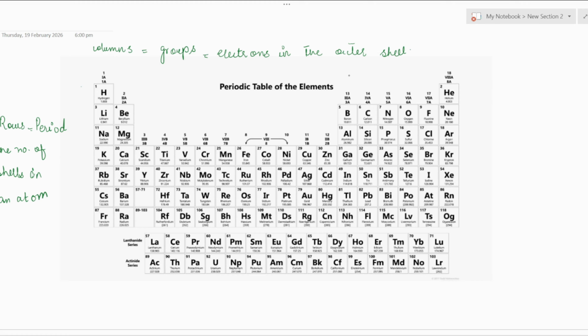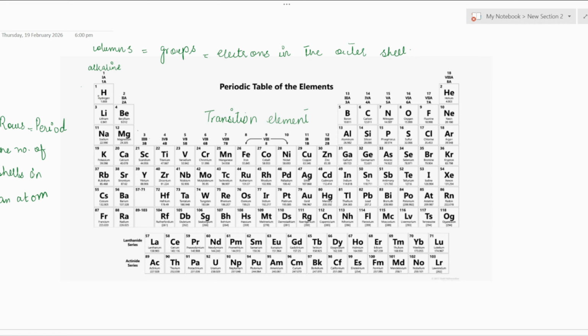Okay, then we have certain groups, like we have A groups and then we have B groups. So we discussed the other day that these B groups are basically transition elements, while the A groups are normal elements. So when we talk about one A group, there is a name given to these elements, which is the alkali elements.